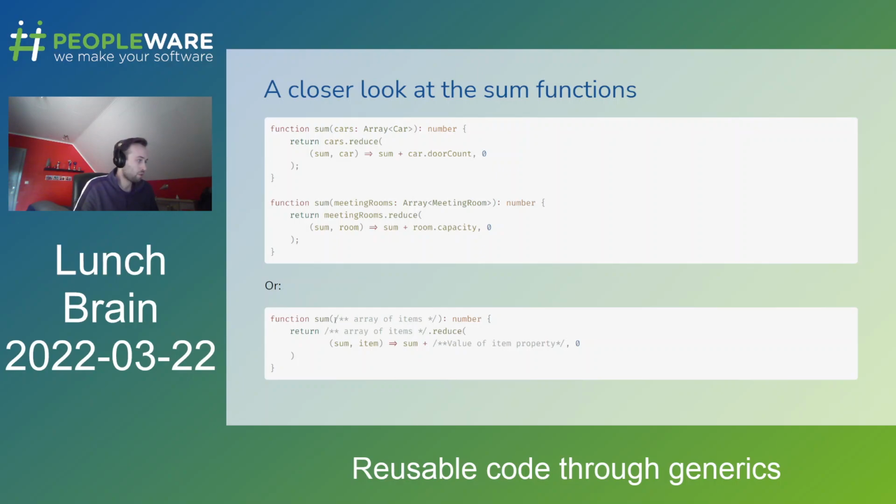We have the sum of an array of items. We are looping over that array of items, and then we are adding the value of a certain property to the sum. So this frame is the same for both the sum function to add the cars and the sum function to add the meeting rooms. This means that there is a possibility to extrapolate this to a higher level.